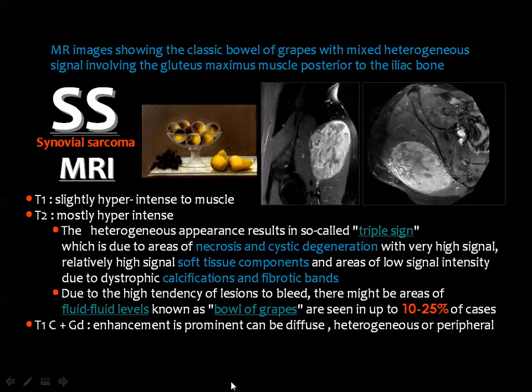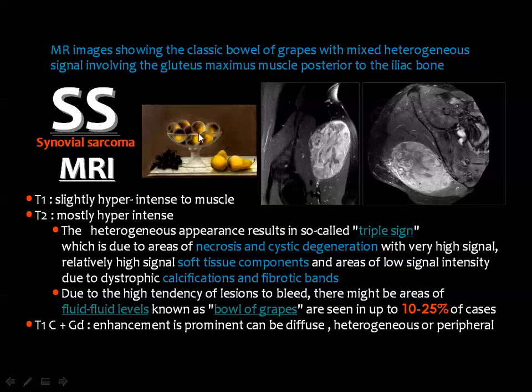These signal intensities are the combination of high signal due to necrosis and cystic degeneration, intermediate signal due to soft tissue component, and dark signal due to dystrophic calcification and fibrotic bands. And this tumor may bleed and there might be areas of fluid level, and this is simulated by what is known as the bowl of grapes sign.